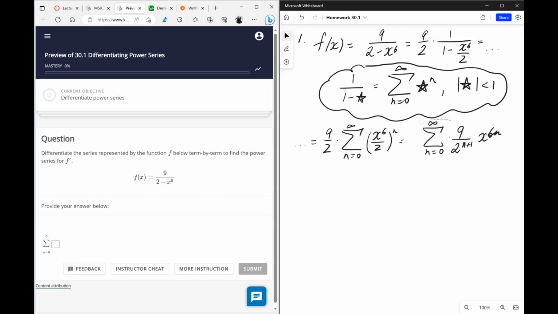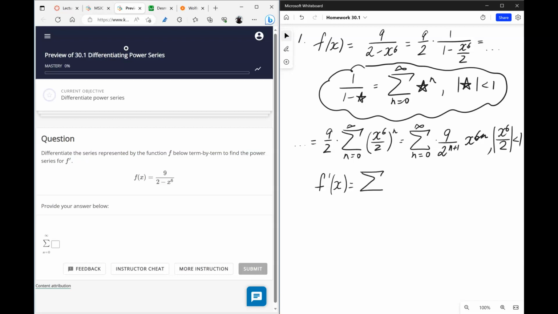And now that we have the power series for the function, we can find the power series. And by the way, all of this is only true when this inequality is satisfied. And now we can find the power series for the derivative of this function. Now, when we do that, we have to take the derivative, and we take the derivative term by term.